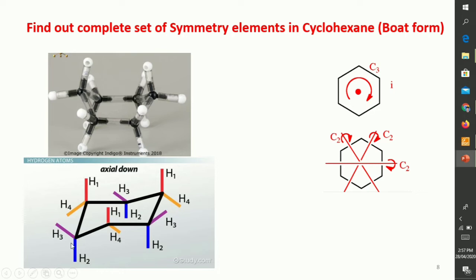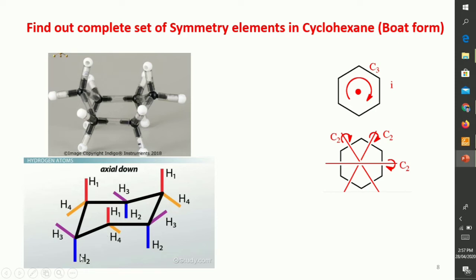If you closely observe, this is actually the center of the cyclohexane boat form, and if we draw a line towards any direction, for example, I would like to draw a line over there, H1, I found the hydrogen over there. Subsequently, this is the middle of the molecule, and we need to draw a line of the same length but in the opposite direction.